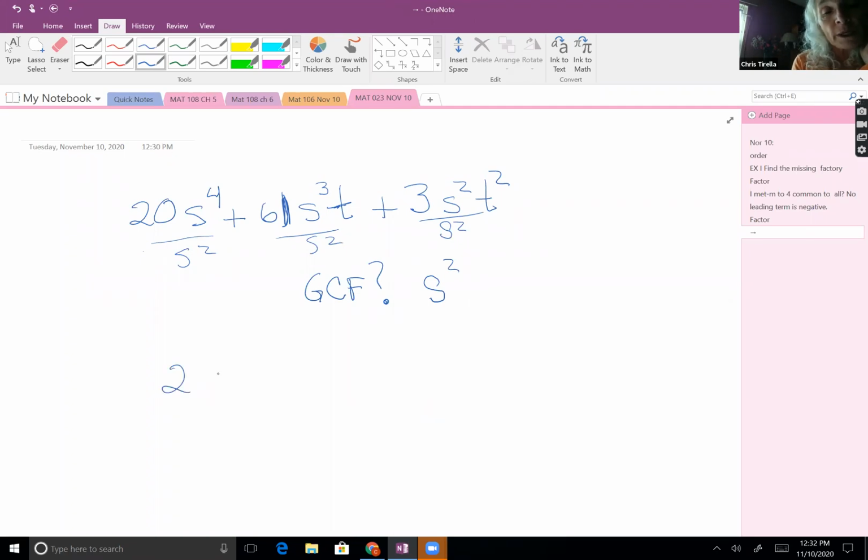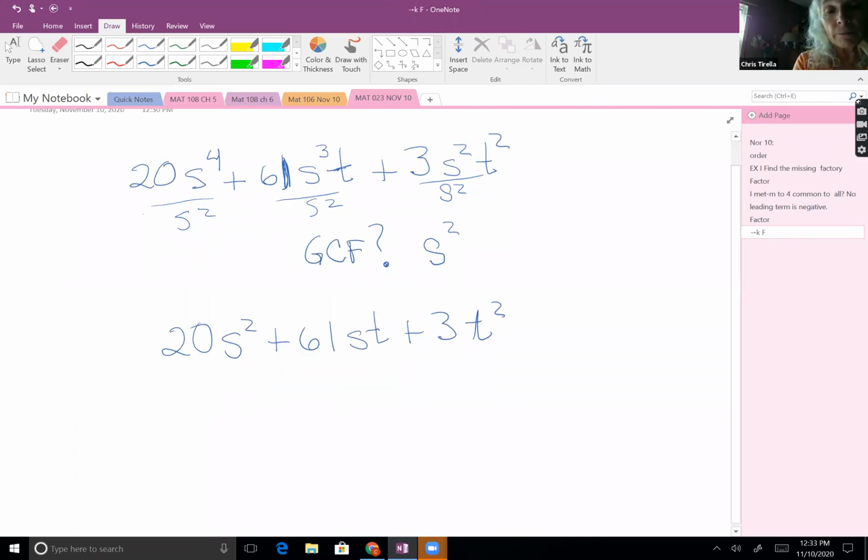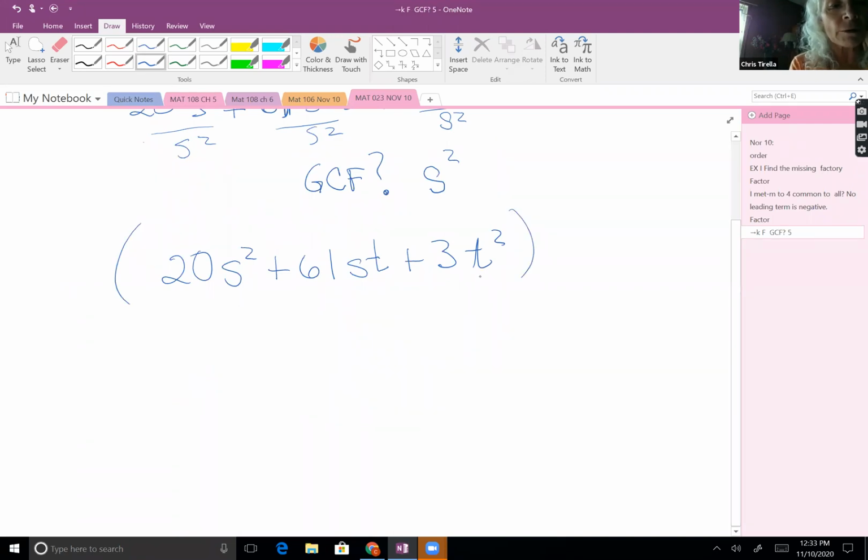That gives me 20s squared plus 61st plus 3t squared. We've got that common factor out front of s squared. Now looking at my a times c, I'm going to take 20 times 3, which gives me 60.